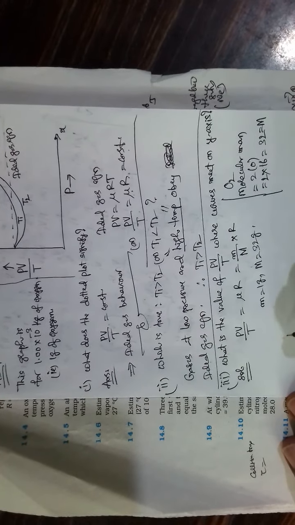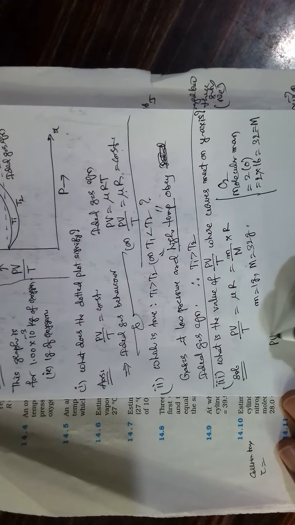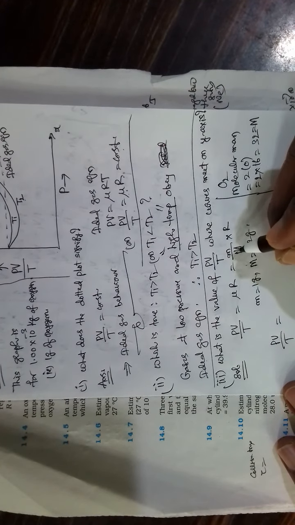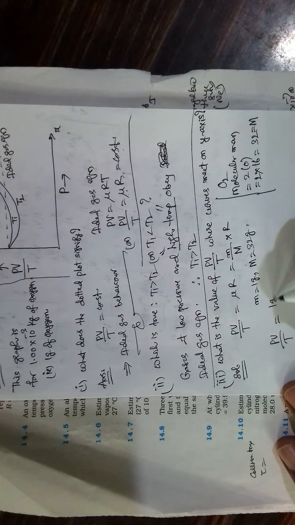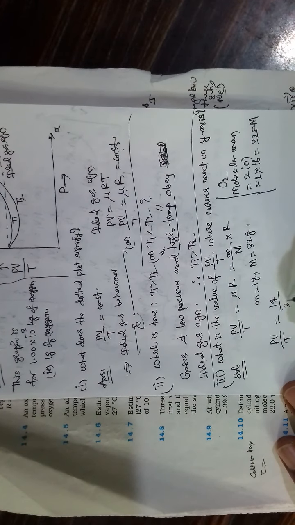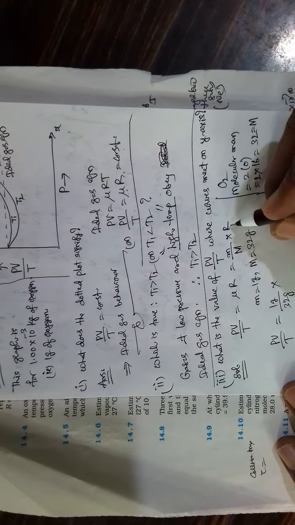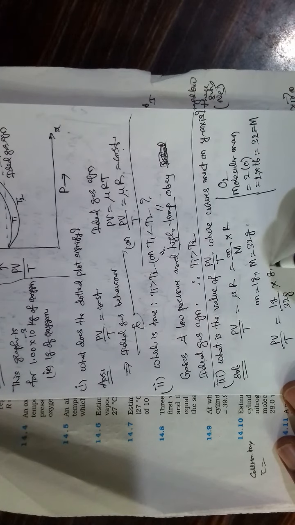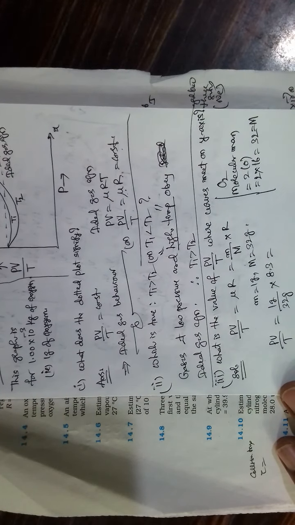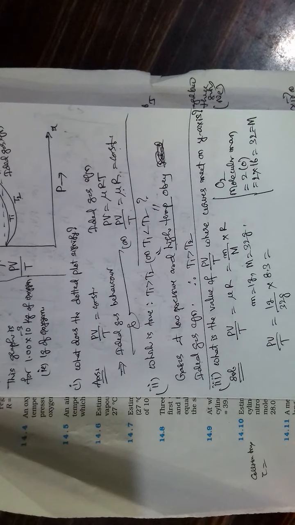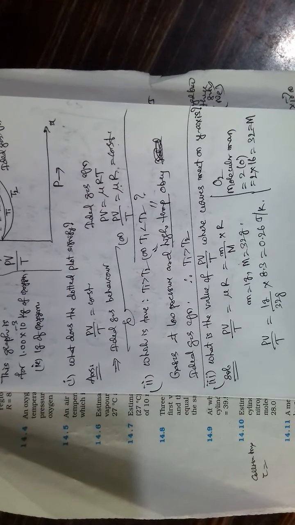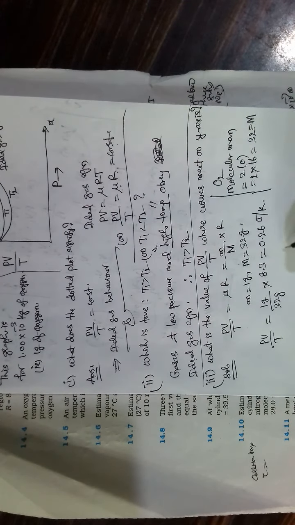Substituting the values, small m 1 gram, capital M 32 grams, R value 8.3, we get 0.26 joule per Kelvin.